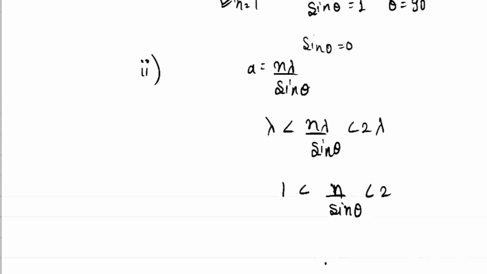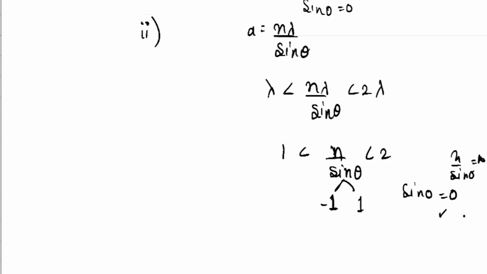So from here we can say sin theta can have only two extreme values, maximum or minimum. The maximum value of sin theta is 1 and the minimum value is -1. We cannot take sin theta equals 0, because then n by sin theta becomes infinity, which is not possible. So we are taking only -1 to 1.